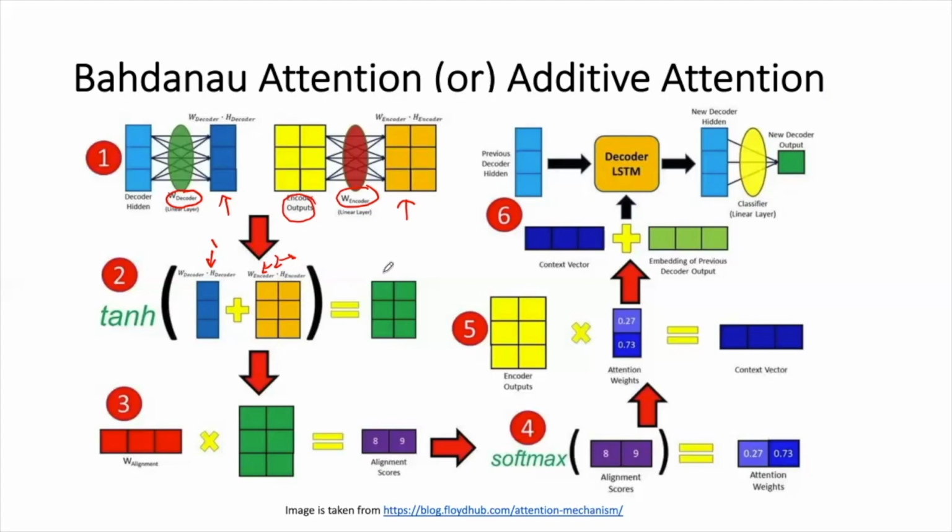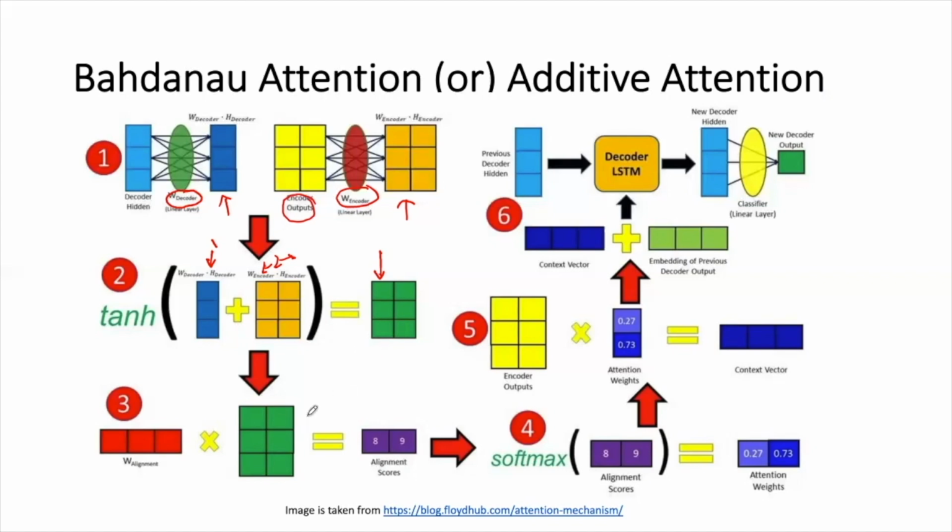Once we do that, we have a representation that is a combination of both the encoder hidden vector and the decoder hidden vector. Once we have this representation, we also apply tanh to each cell. That is a non-linear activation.